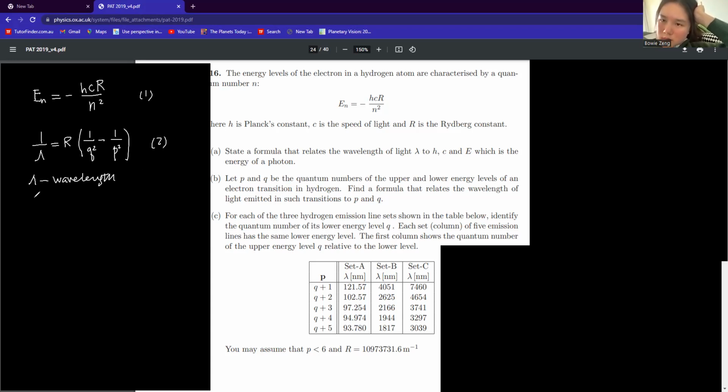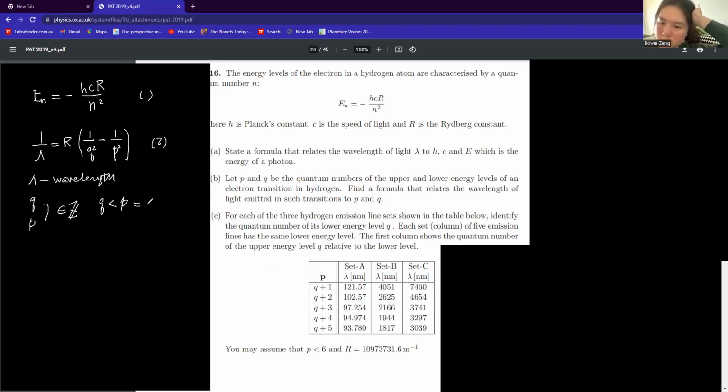p and q are equal to integers. What integer? Integers are z, right? In other words, for q, we have to make sure p is larger than q. So p is larger than q, depending on where you start.